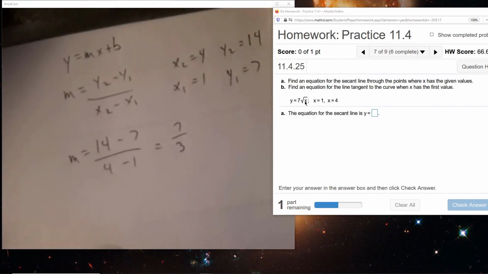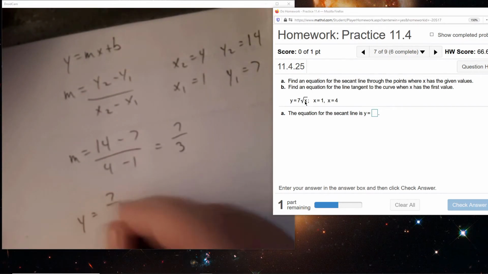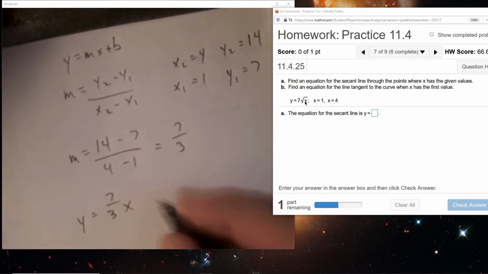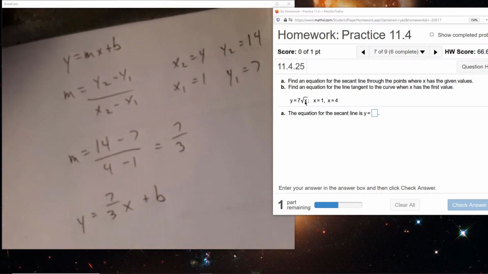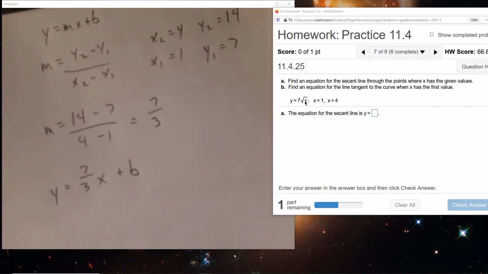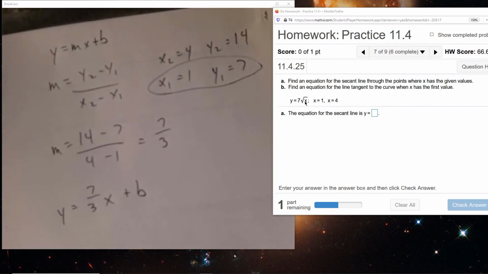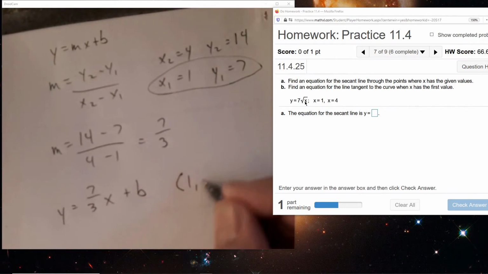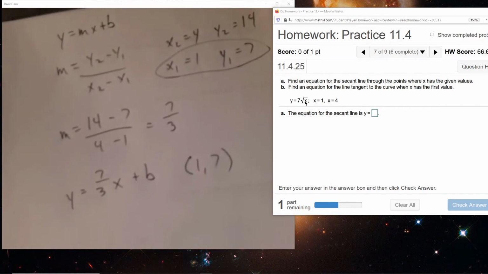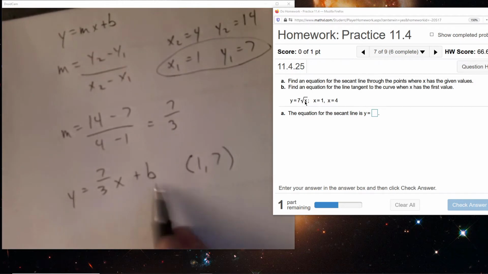Seven-thirds. So we now have the slope of the secant line. And now we'll use one of these ordered pairs. I always like to choose the one with the smaller numbers. So the ordered pair 1, 7 is what we'll use here to figure out b, the y-intercept.